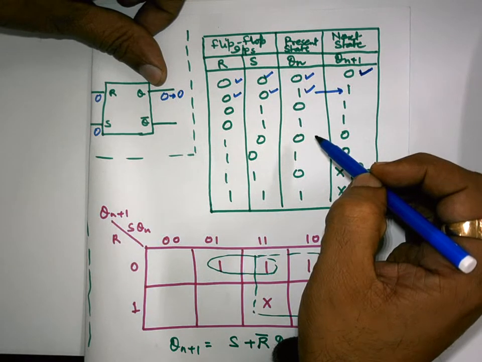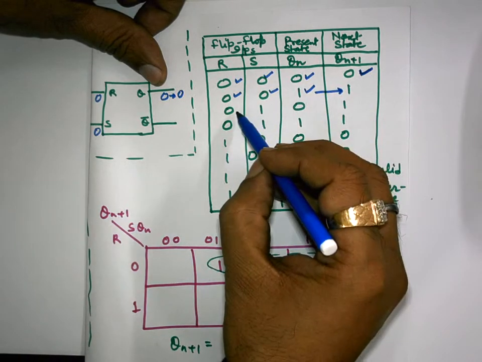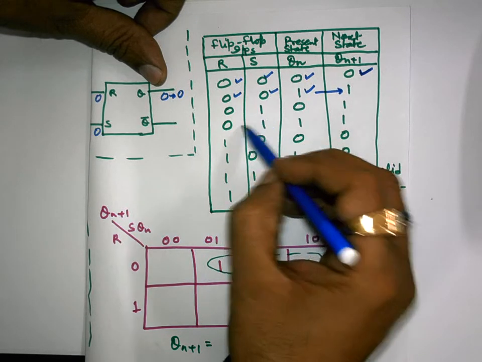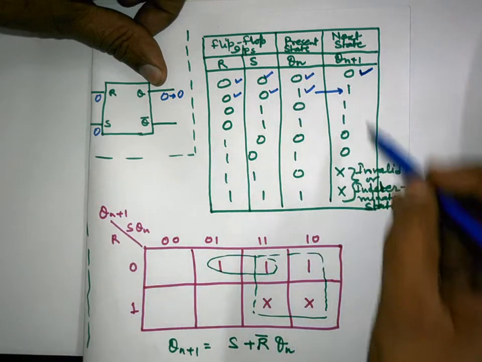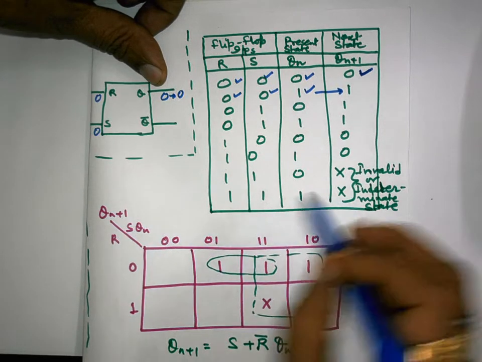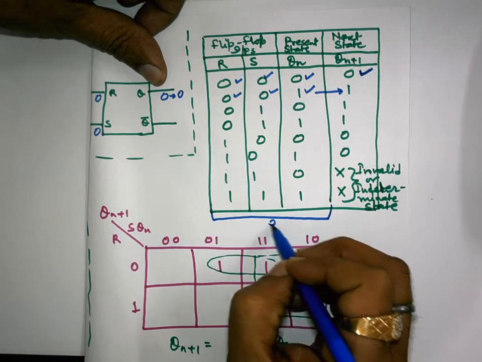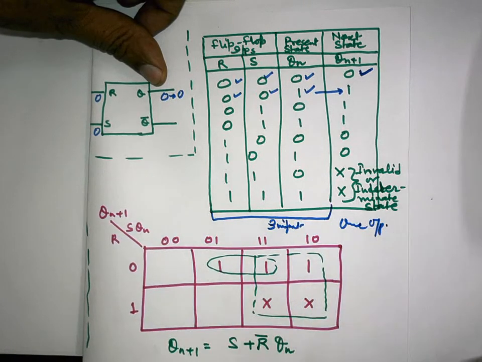Getting my point? Doing this for all input combinations and all present state combinations, we will form a table, and this table is known as characteristic table. This characteristic table gives the behavior of this SR flip flop like a 3 input and 1 output situation.